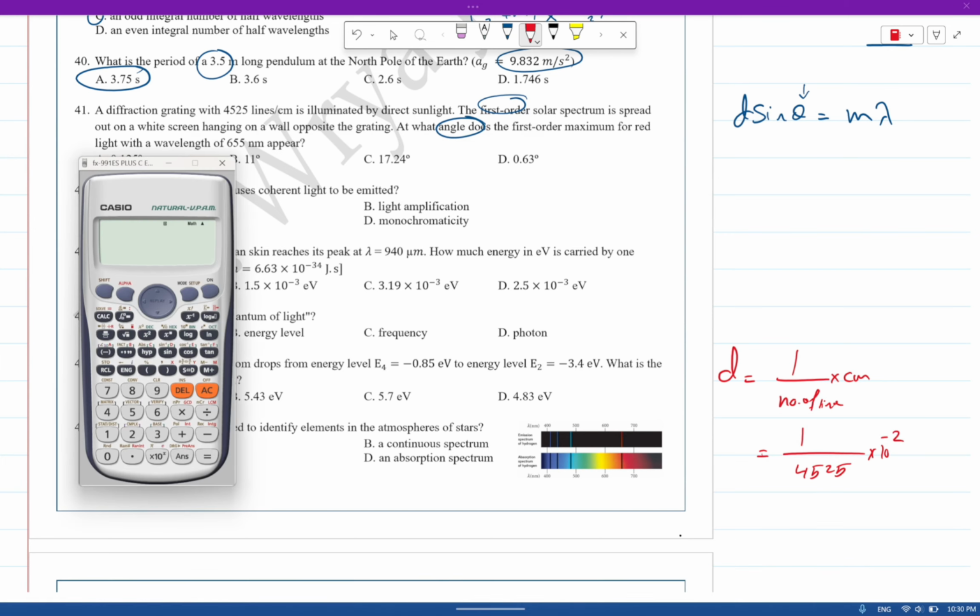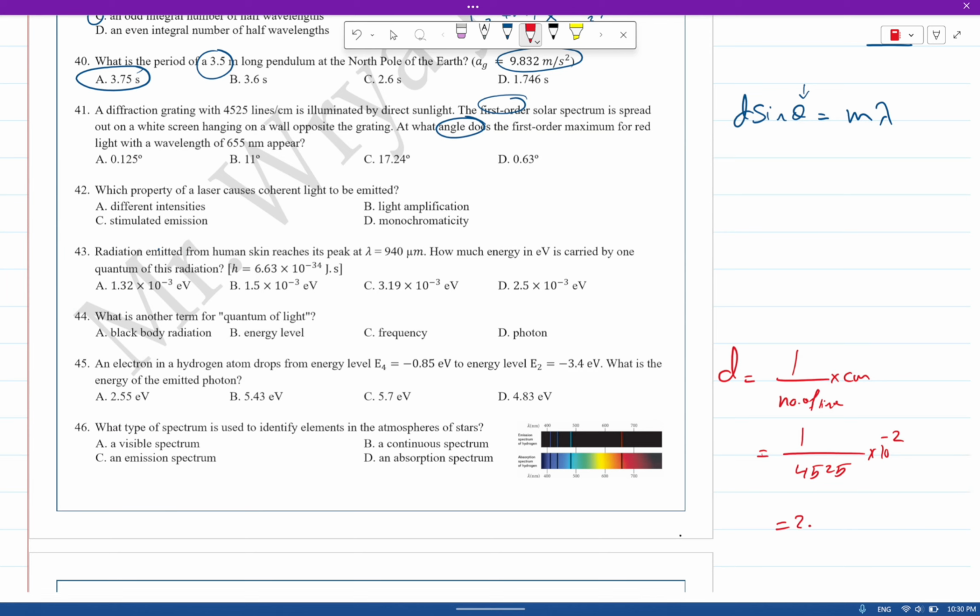So 1 divided by 4525, and then multiply the answer by 10 to the power negative 2. The answer is going to be 2.209 times 10 to the power negative 6. Can I say 2.21? Yes, 2.21 times 10 to the power negative 6. That is the distance between two slits, which is going to be in meters.